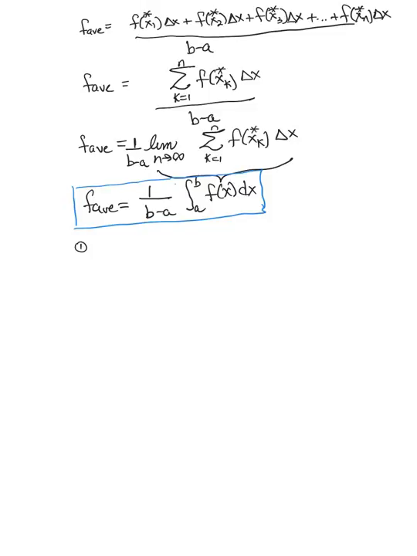Number 1, if f of x is the function 3x squared minus 2x, part A says, find the average value of f on [a, b]. So here we just use the formula.